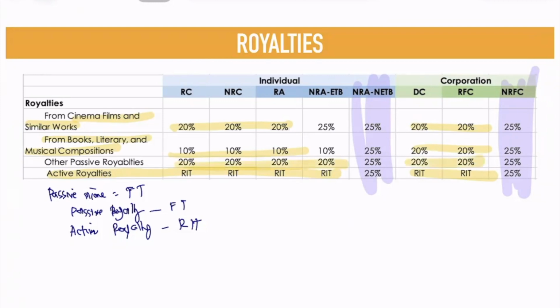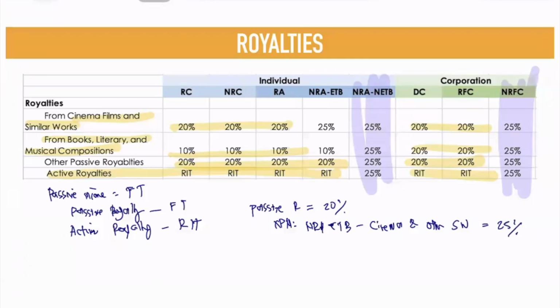Ang ingatan nyo lang dito, pag passive royalties, as a general rule, 20%. Exception, for NRA-ETB na cinema and other similar works, 25%.